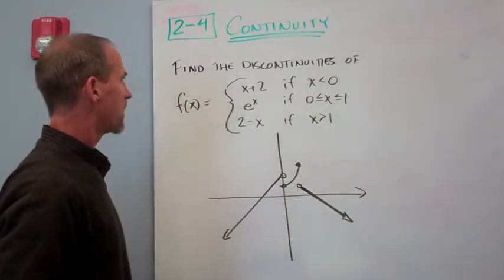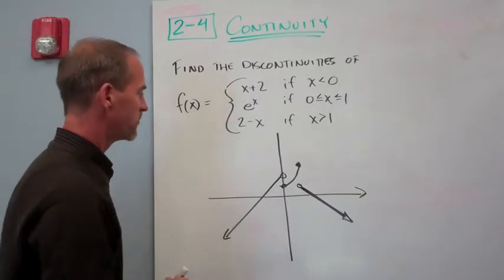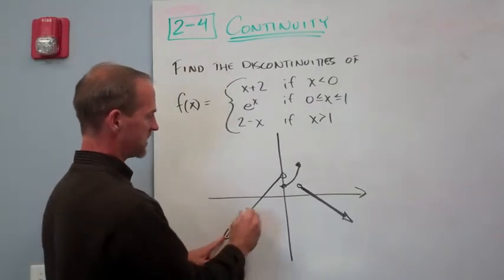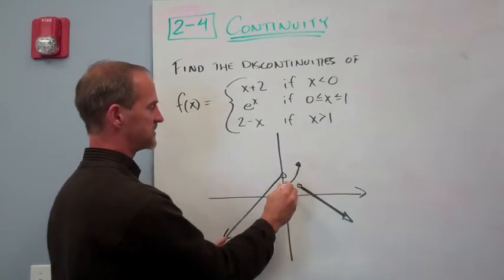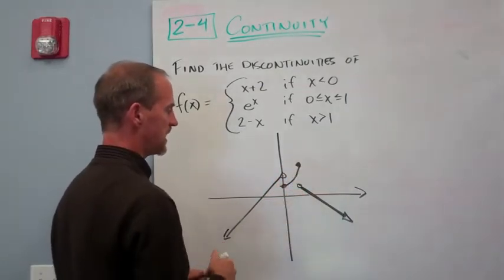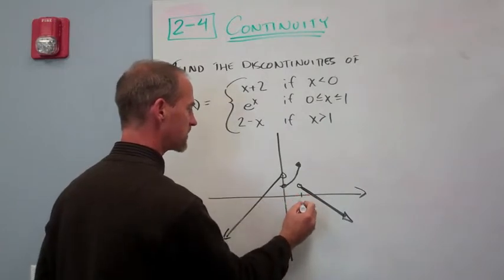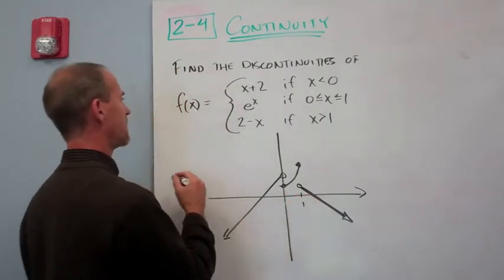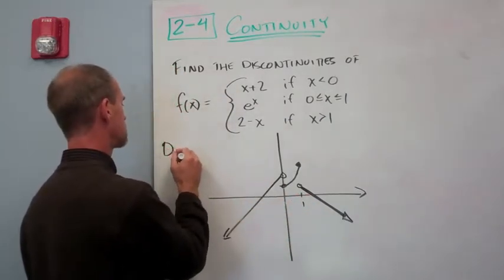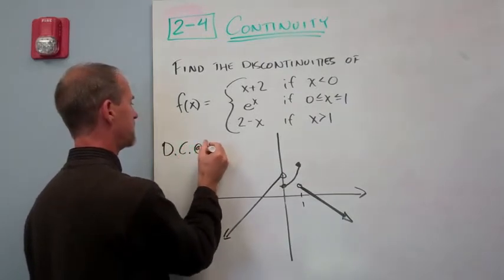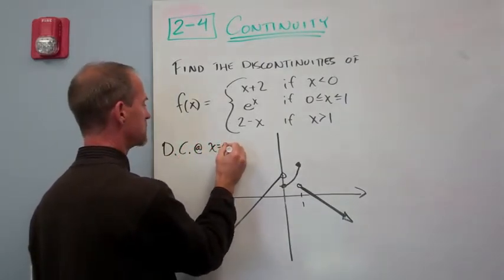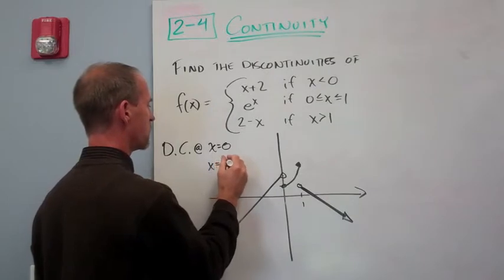All right, so where are points of discontinuity? Well, the points of discontinuity, as we've been thinking, is where we lift off a pen to redraw this. So discontinuity at 0, and this is 1 right there. So you could say discontinuity at x equals 0 and x equals 1.